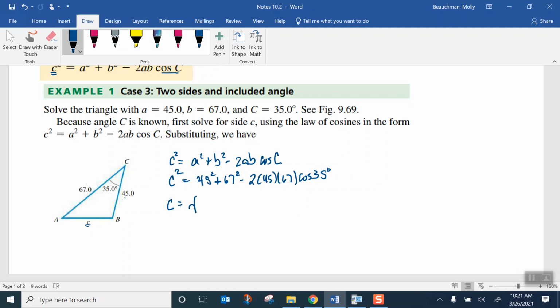So we can type this all in the calculator, or you can do it in parts. c is going to equal the square root of all of that if we square root both sides. So I'm going to set up what side length c equals and then put it all in the calculator at the same time. Or you can use Desmos.